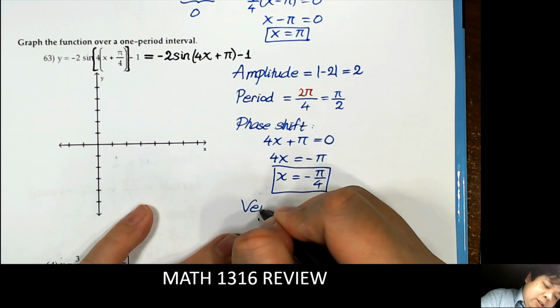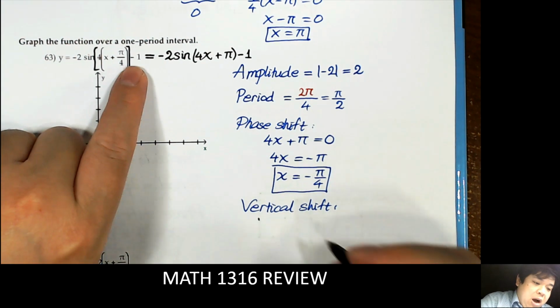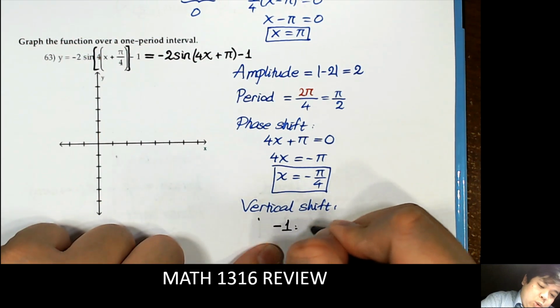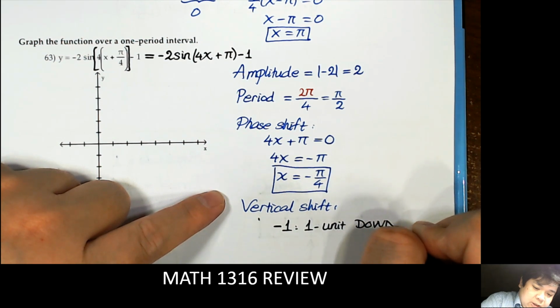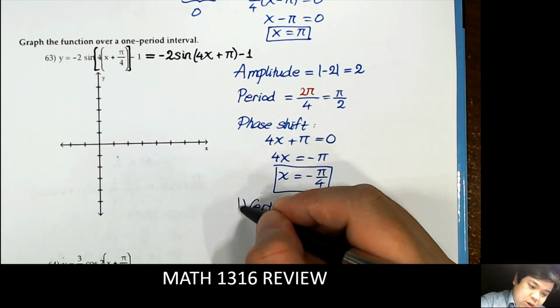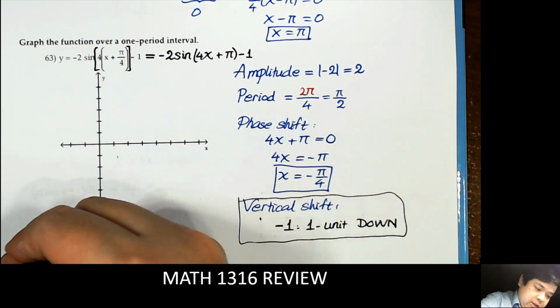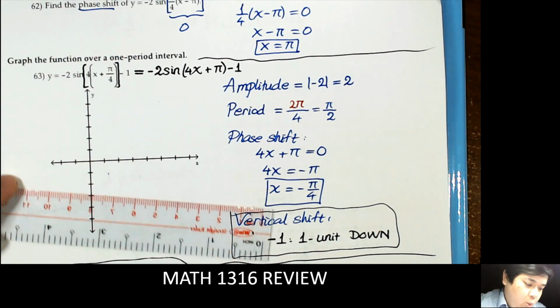Vertical shift, we have -1, which means 1 unit down. Right. Now, first, the graph is 1 unit down. So let's go with the vertical shift first. One unit down.